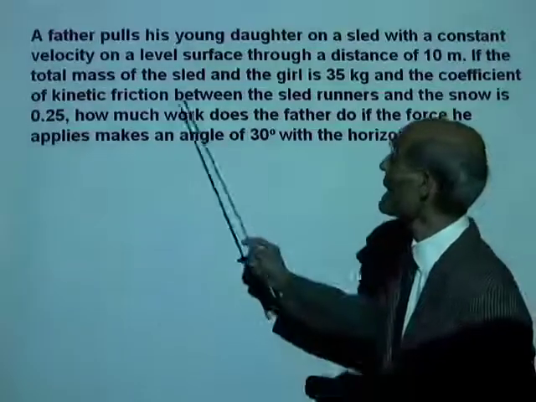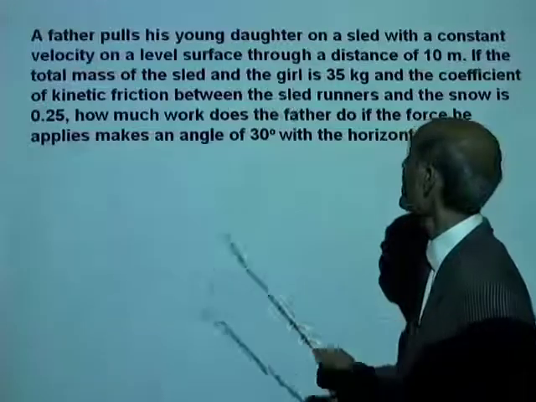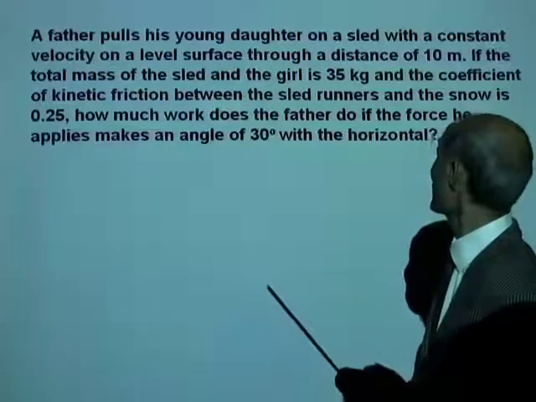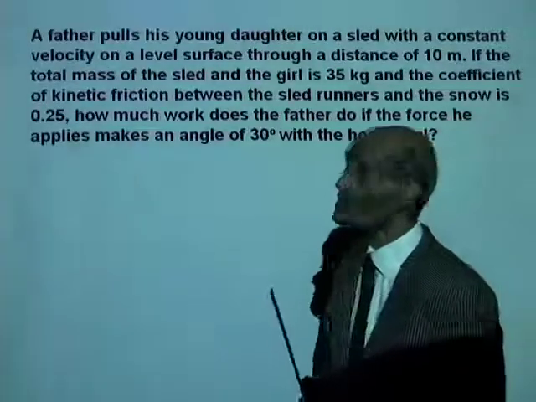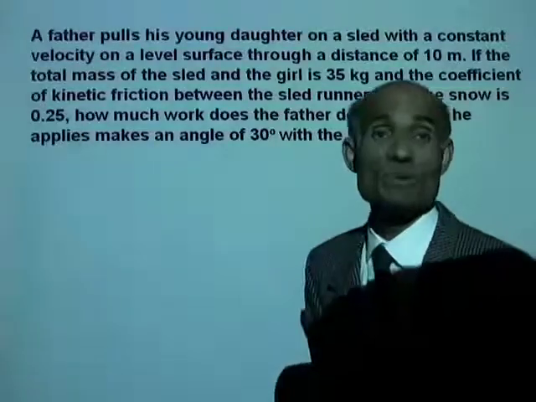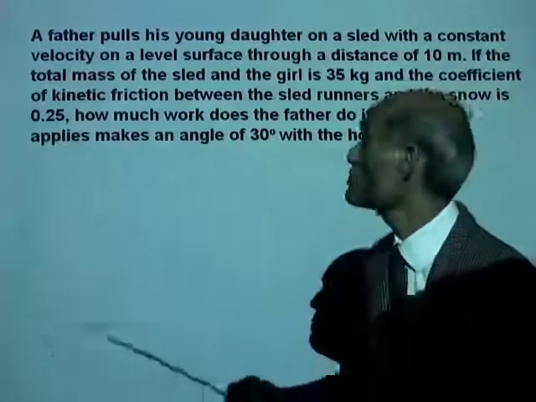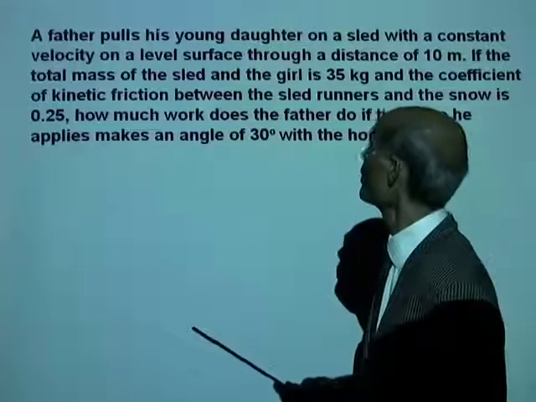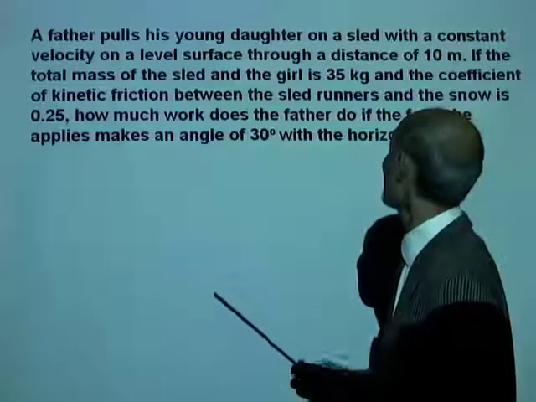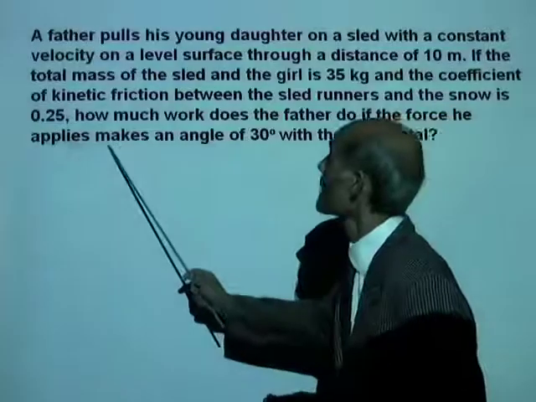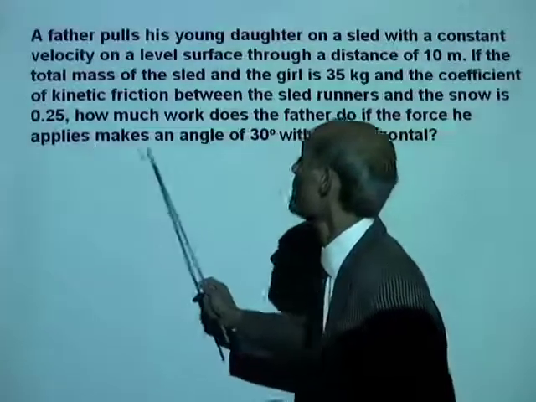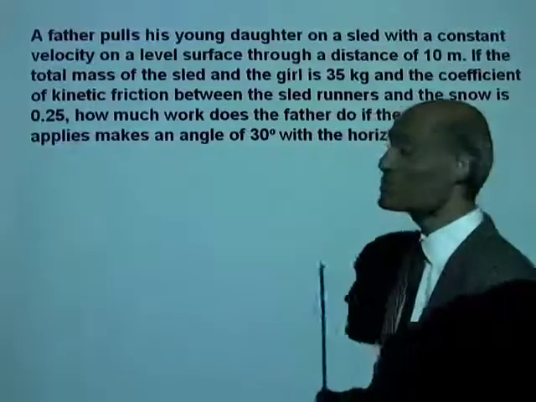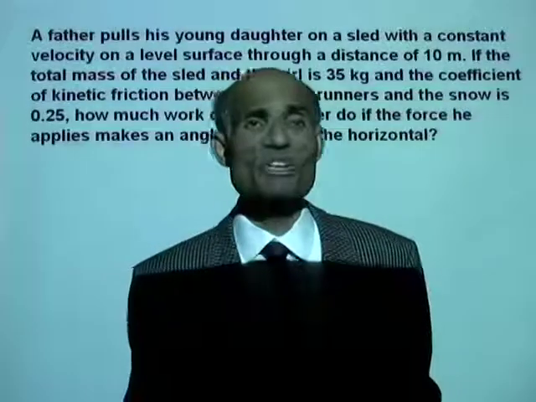If the total mass of the sled and the girl is 35 kilograms and the coefficient of kinetic friction between the sled runners and the snow is 0.25, how much work does the father do? If the force applied makes an angle of 30 degrees with the horizontal.